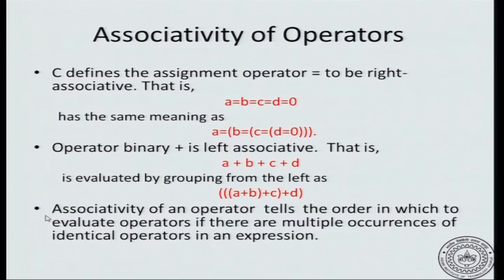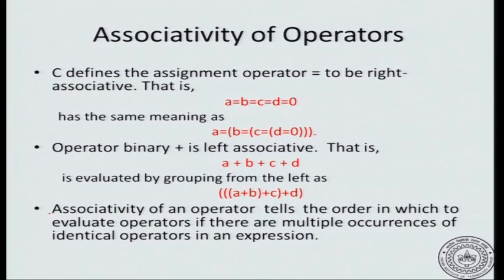This concept of associativity tells us the order in which to evaluate the operations if there are multiple occurrences of the same operator. In the first, there are multiple occurrences of the equal to sign. In the second, there are multiple occurrences of the addition symbol.